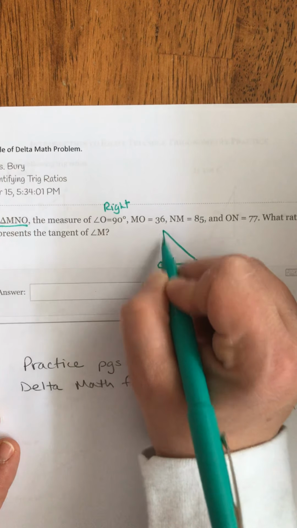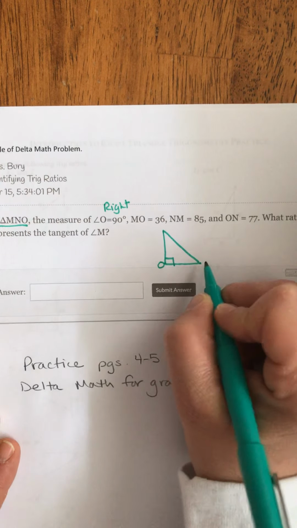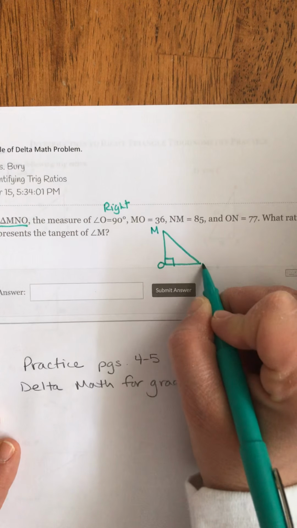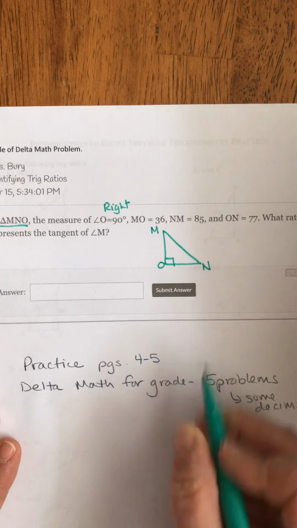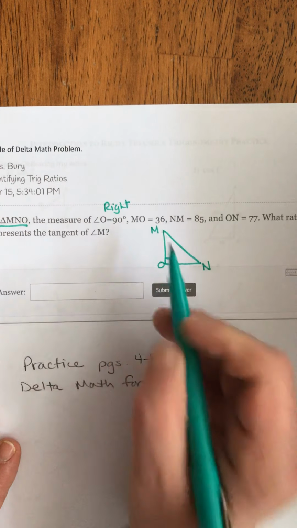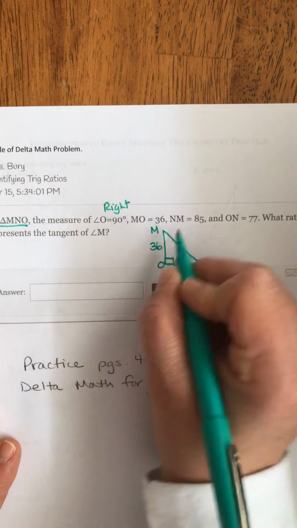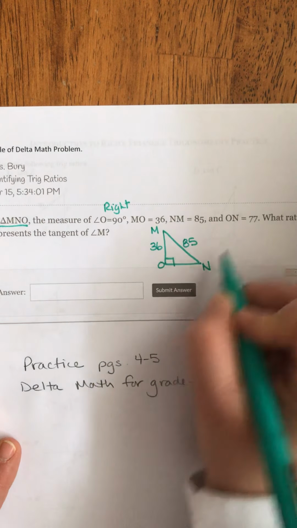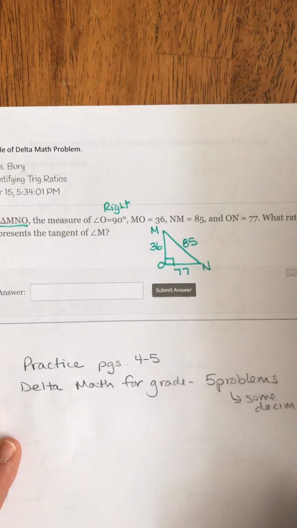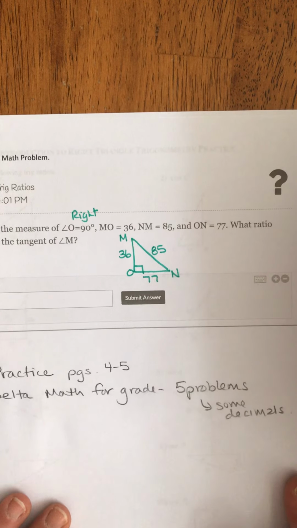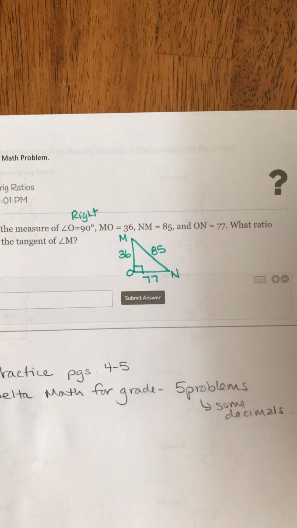Those are the ends of the legs here from the right angle, so it doesn't really matter. I'm going to go ahead and do M, N, O. So label it first and then label the sides. MO is 36, NM is 85, and ON is 77. So you want to make sure you label that right, because if you don't label it right, your answer isn't going to make any sense.